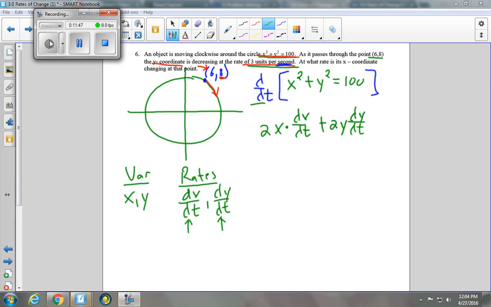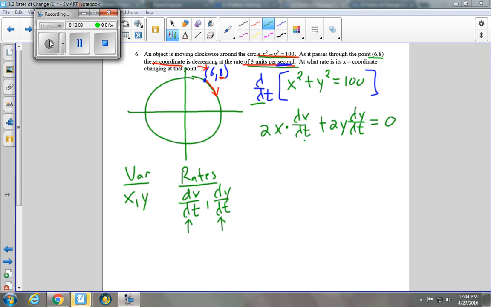Oh, we didn't have to implicit differentiate x before because it was over dx. Now both of these are with respect to t, so that's why you have to do that for both of them in this case.